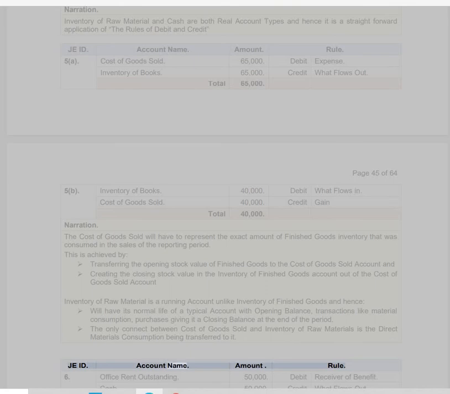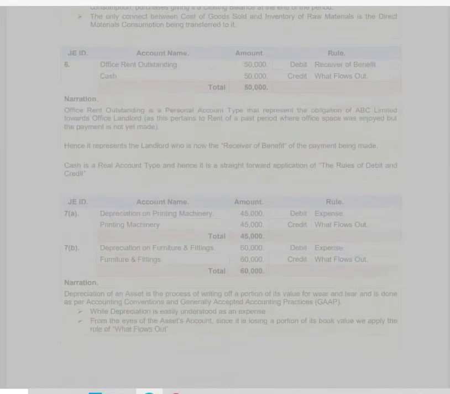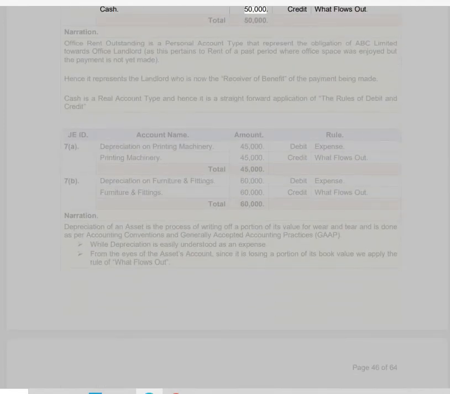JEID, account name, amount, rule. 6. Office rent outstanding, 50,000, debit, receiver of benefit. Cash, 50,000, credit, what flows out. Total 50,000.